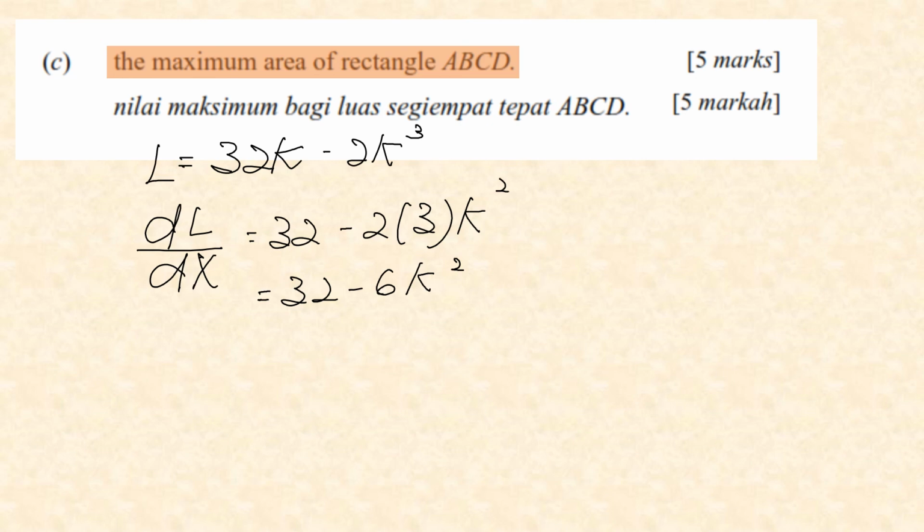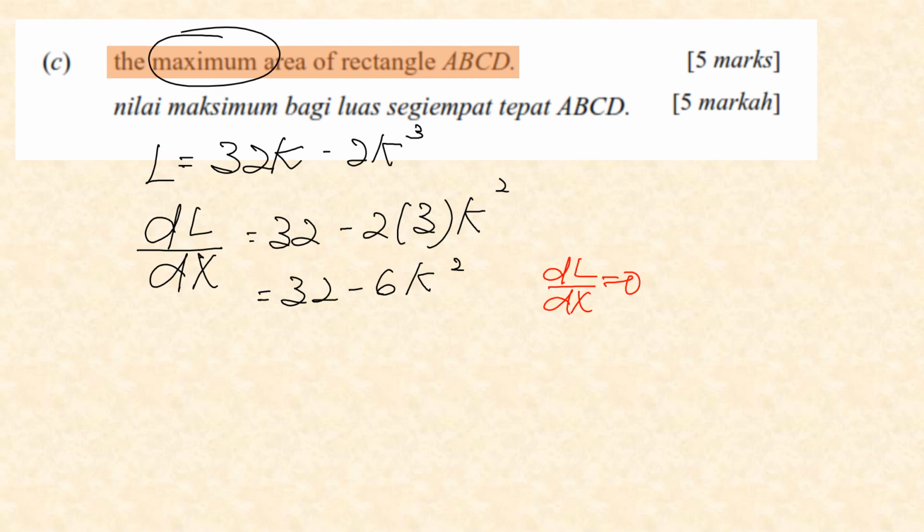Right. Now, maximum is the turning point. Turning point, you should know that your dL/dK is equal to 0. Then you should get it.